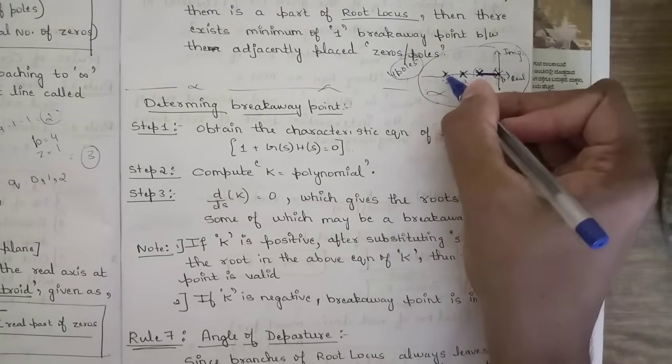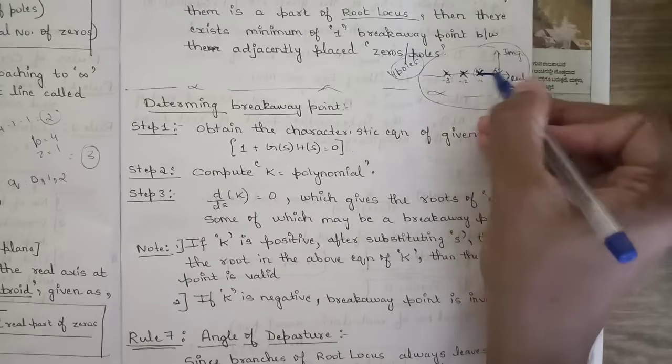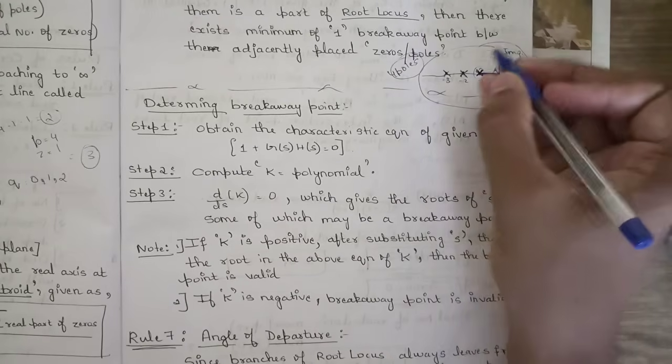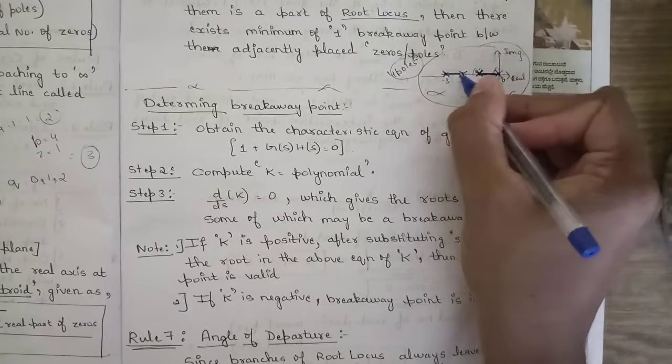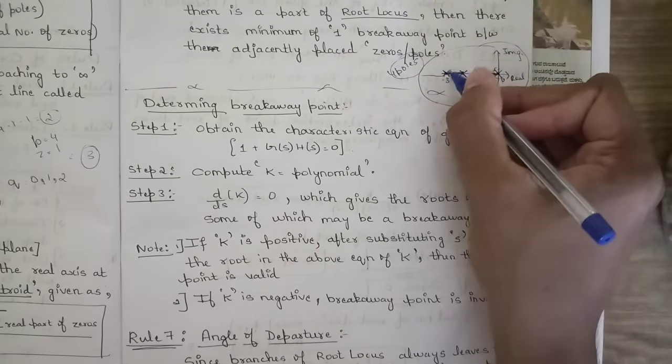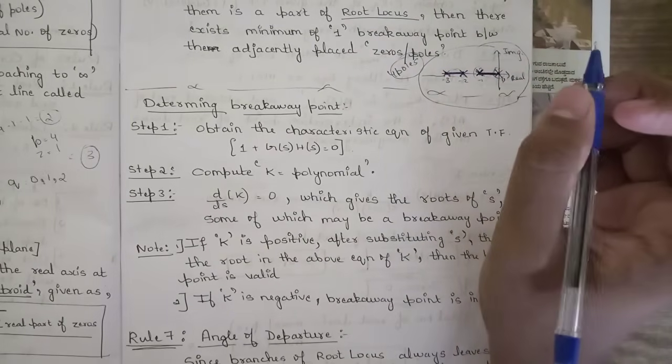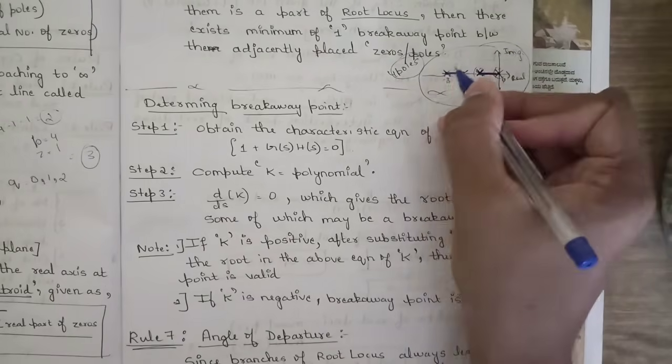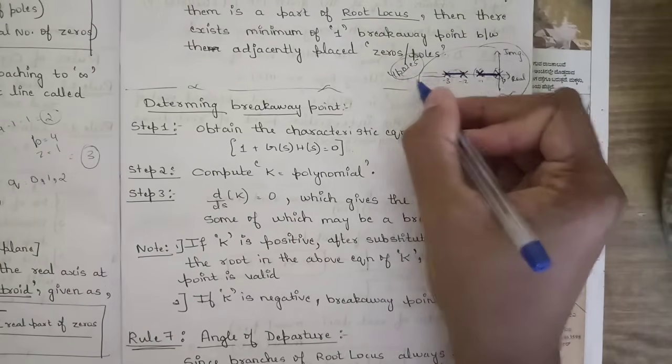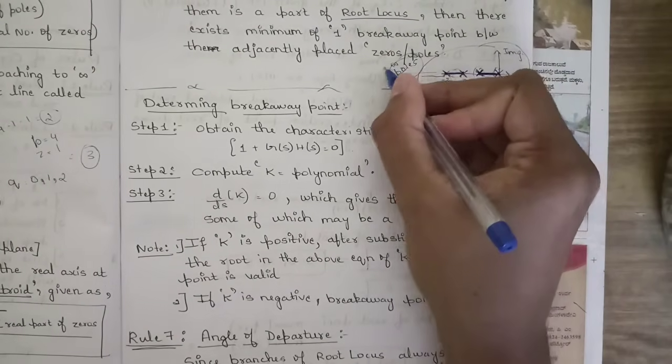Similarly, from this point, if you observe the right side, we have three poles, an odd number, so again this is a part of the root locus, where a breakaway point can exist. If we don't have any pole here, we can consider it as minus infinity.